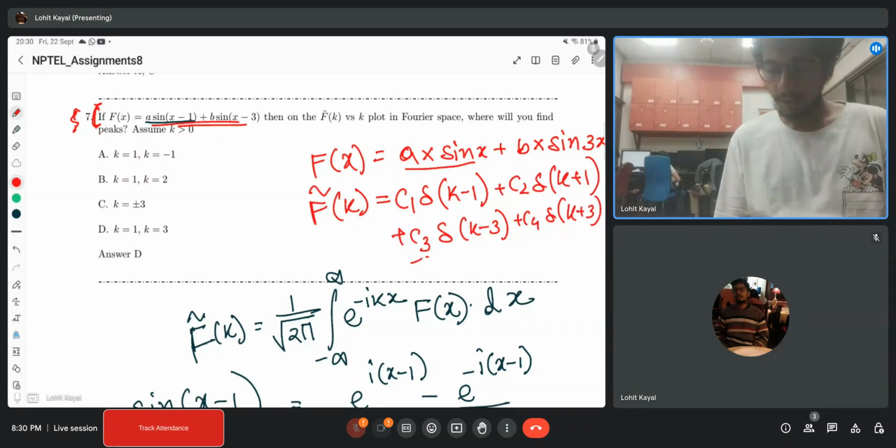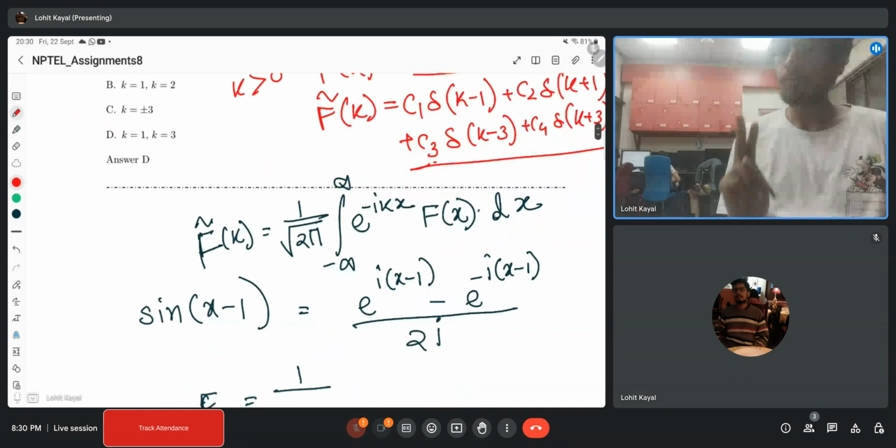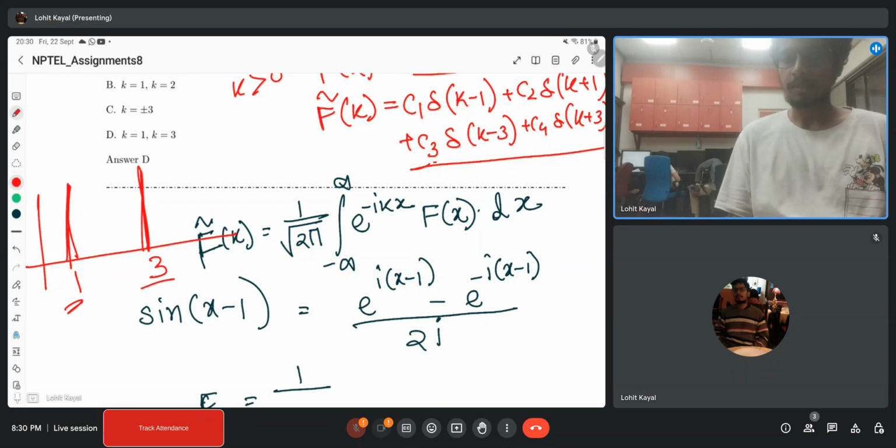So you will get this expression. Now if your k is greater than 0, then you will find two peaks at k equal to 1 and k equal to 3. This is 1, this is 3.